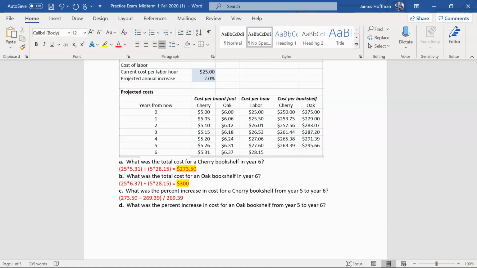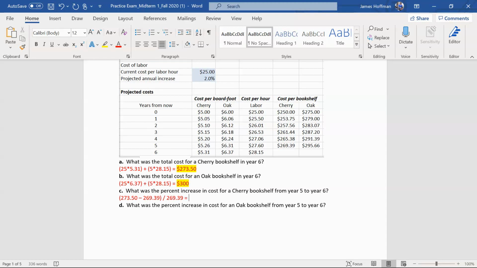So the change over the original is this. And if you put that in percent terms, it's about 1.5%.